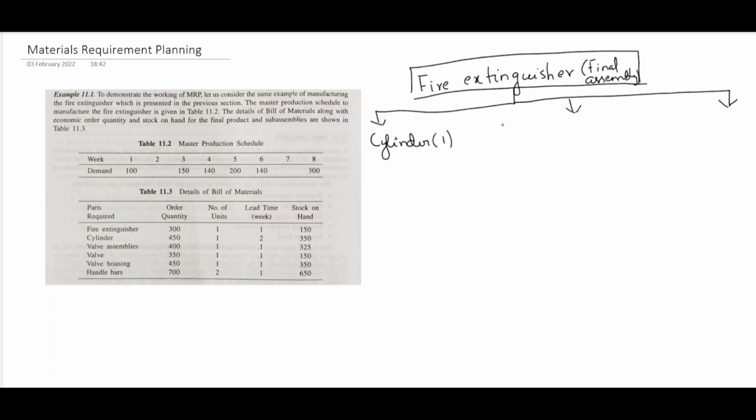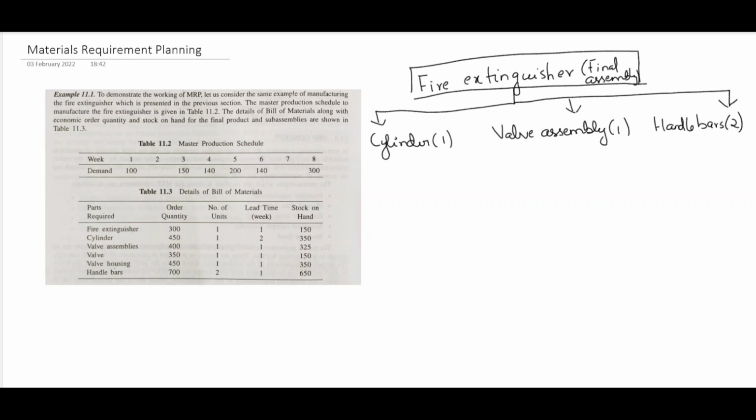Second one is the valve assembly, one in the bracket, one means one unit. And then the handlebars. Two handlebars are required for one fire extinguisher.